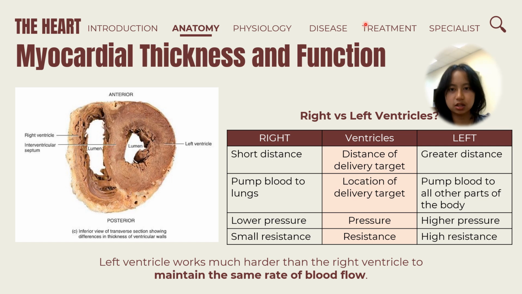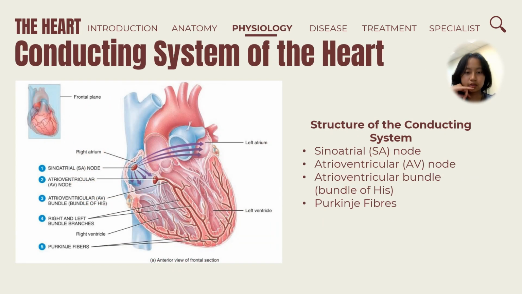It pumps blood a short distance to the lungs at lower pressure, and the resistance to blood flow is small. The left ventricle pumps blood a greater distance to all other parts of the body at higher pressure, so the resistance to blood flow is much larger. Therefore, the left ventricle works much harder than the right ventricle to maintain the same rate of blood flow.